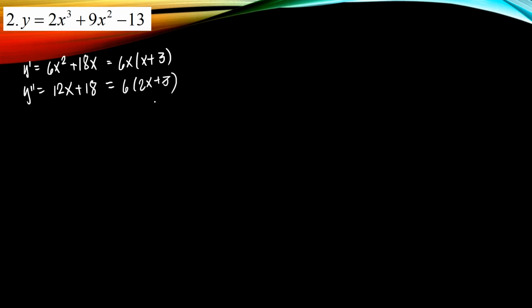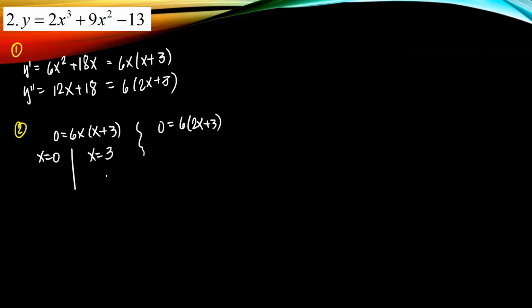So that's 2x plus 3. So this is your step number 1. Step number 2, equate them to 0. So that means 0 is equal to 6x, x plus 3. And 0 is 6, 2x plus 3. So the answer is x either 0 or negative 3. The answer here is x is negative 3 over 2.